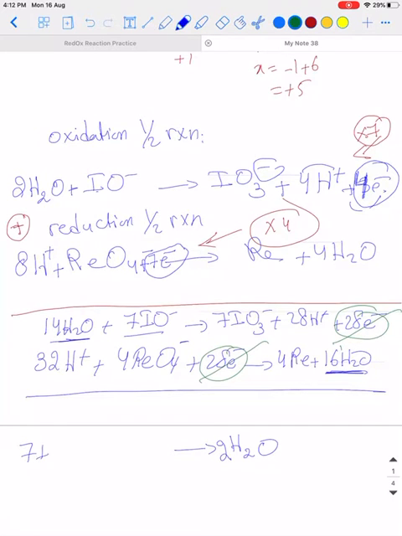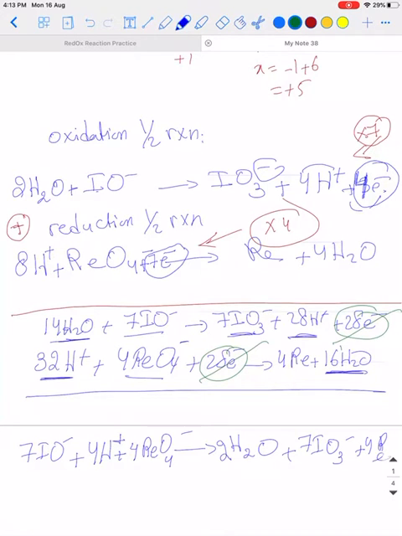Now 7 IO minus, I keep it as it is. 32 H plus and 28 H plus are on different sides, so I subtract and put the answer on the larger side, which is the reactant side: 4 H plus. 4 ReO4 minus has nothing to add or subtract. Now on the other side, 2 water, and still in the product we have 7 IO3 minus and 4 Re. And the equation like this is balanced.